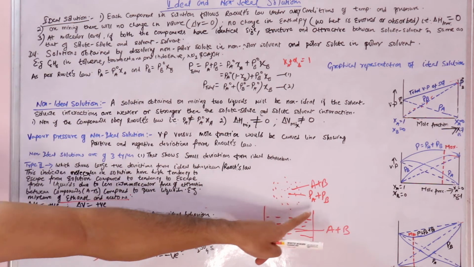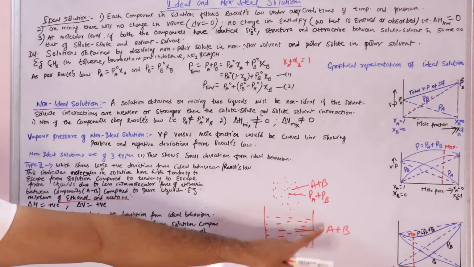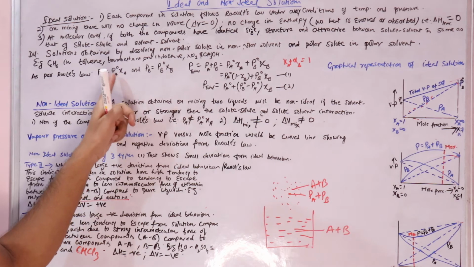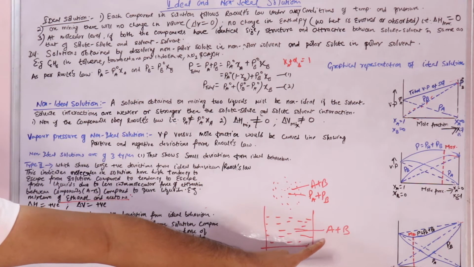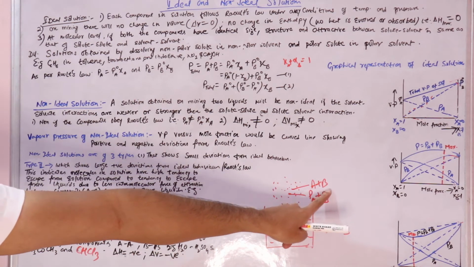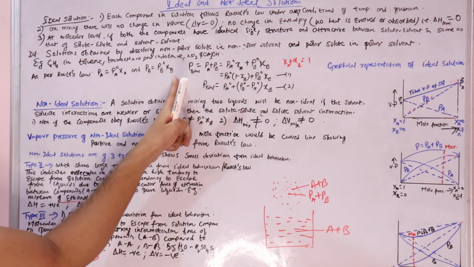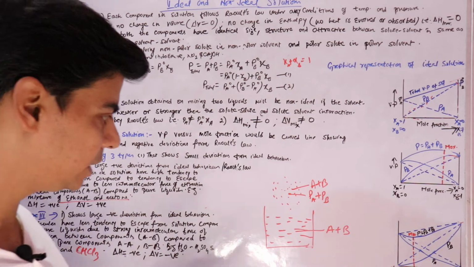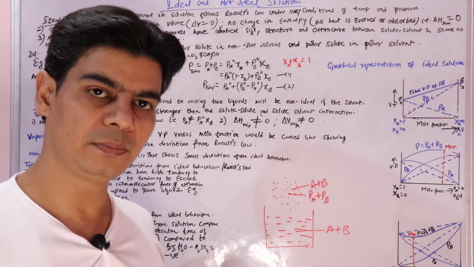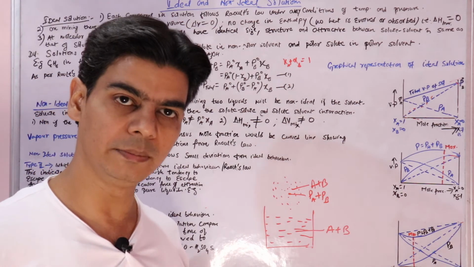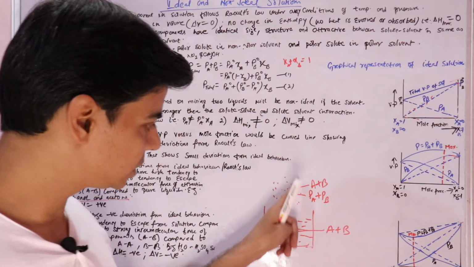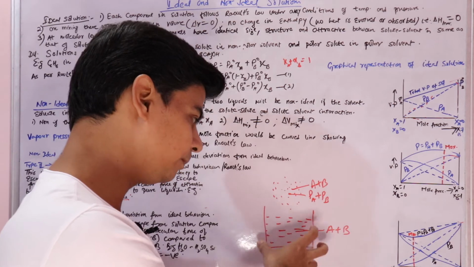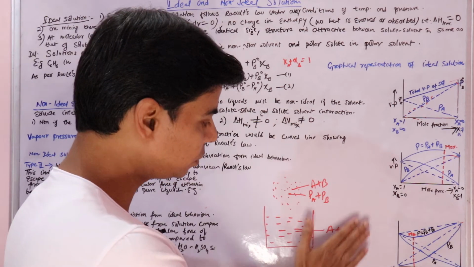What this means is that the partial vapor pressure due to A is directly proportional to the mole fraction of A, and the partial vapor pressure due to B is directly proportional to the mole fraction of B. It simply means the partial vapor pressure above this liquid would be directly proportional to the amount of A in this solution and the amount of B in this solution.